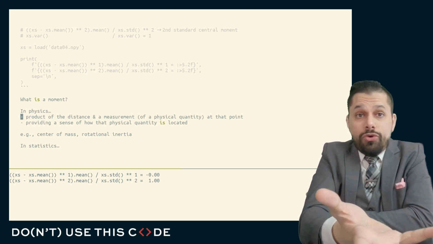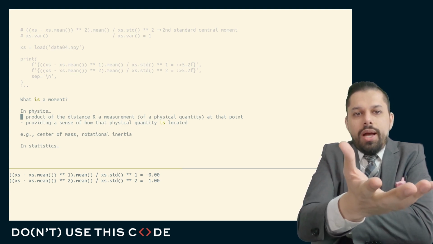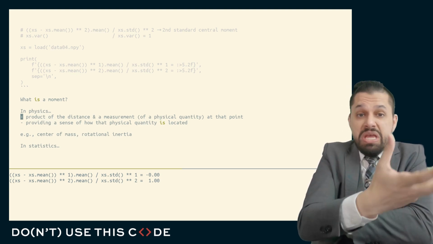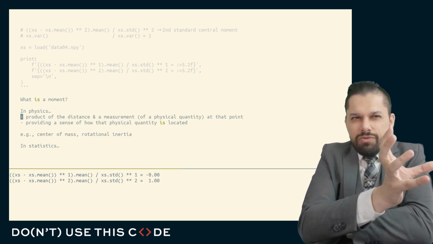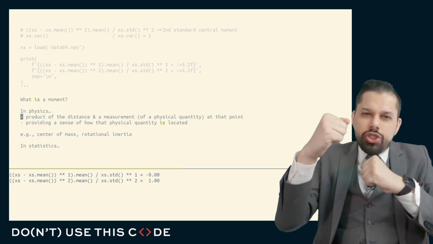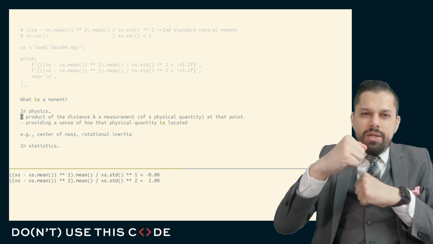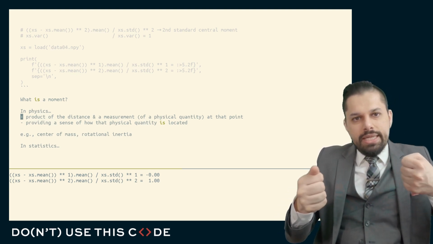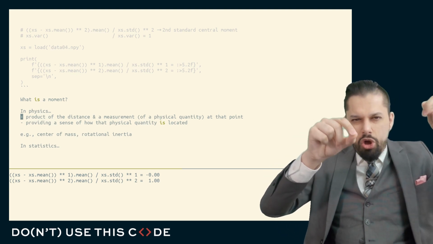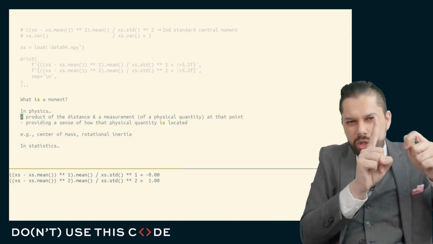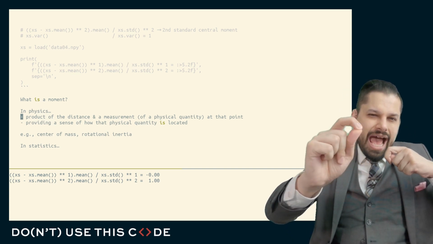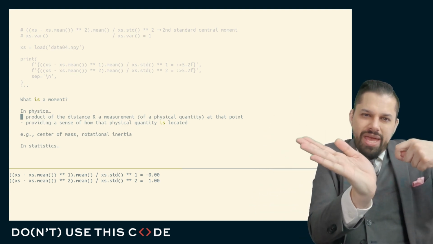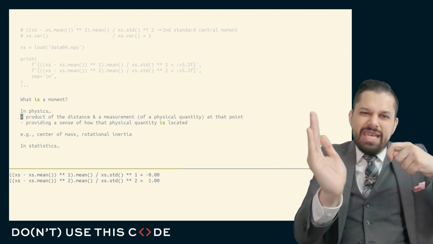Where is the average point where we can see the representative mass of this object is? And this is what our first raw moment is. This is what the mean is. Mean is a measure of our center of mass. It's a physical quantity. When we talk about this from a physical perspective, we can also talk about what the rotational inertia of a piece of a physical entity is. You can think that if the mean is where all those weights are located and where the average point where those weights are located in space, you can think that if we have a bunch of points out to the edges, well, that's going to make it easier or harder for us to rotate this thing.